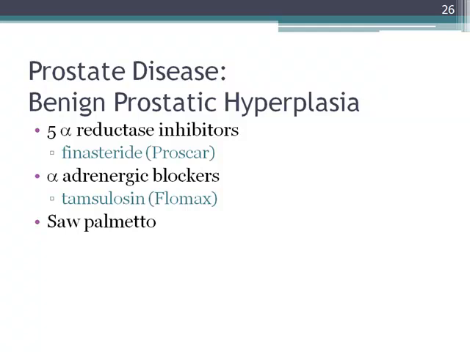Now, if you see those in cardiac units or in patients that have hypertension, we see those because they block alpha receptors in the blood vessels, which cause vasoconstriction. So if we give alpha blockers, that dilates blood vessels, so they're used for treatment for hypertension. But in this case, there are actually alpha receptors in the prostate tissue itself, and so alpha blockers help relax the prostate tissue. So that can help reverse symptoms.